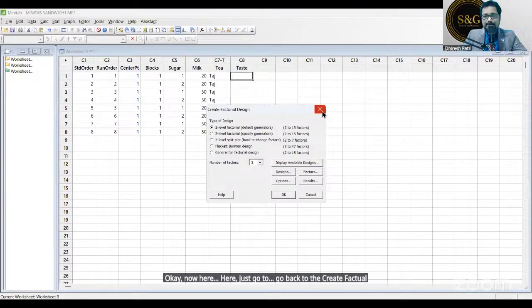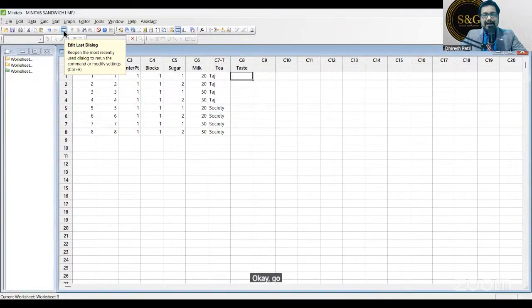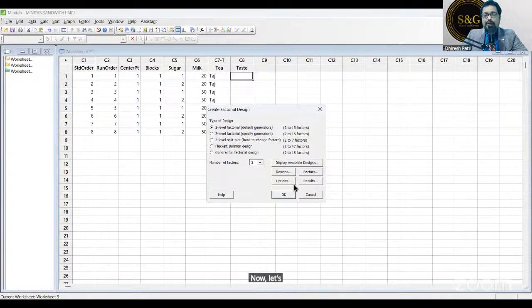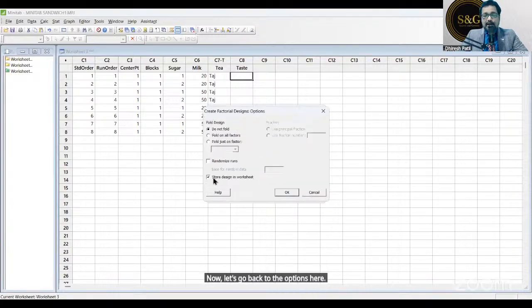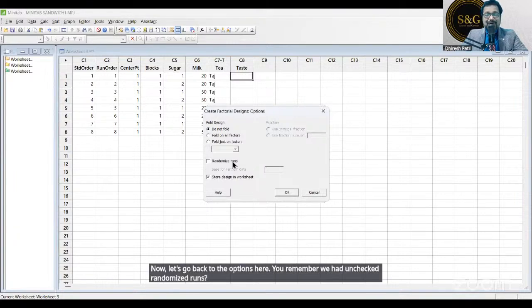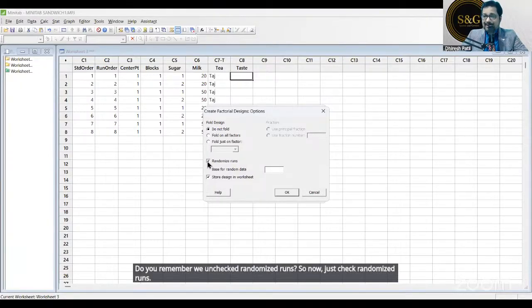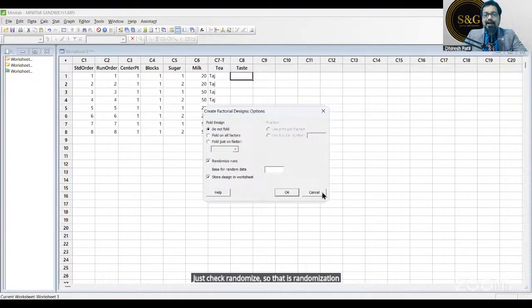Go back to the edit last dialog box: Control E. Now let's go back to the options here. You remember we had unchecked randomized runs? Now just check randomize runs. So that is randomization. Click on OK.